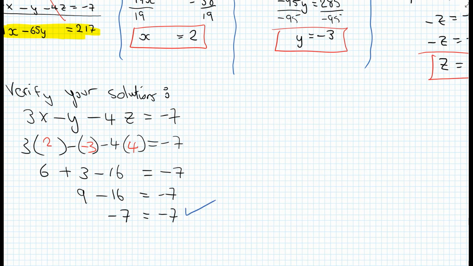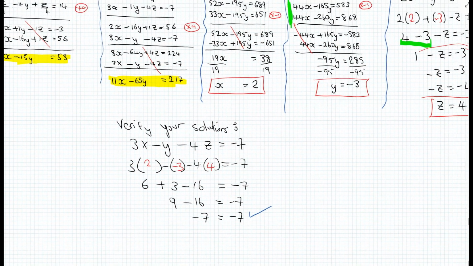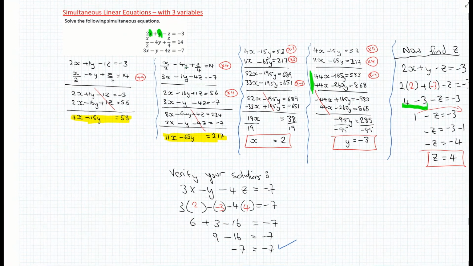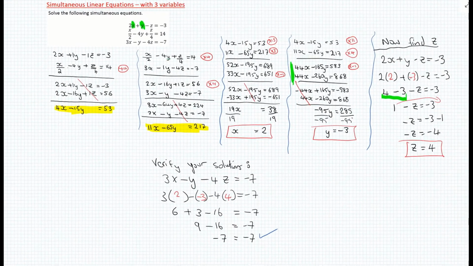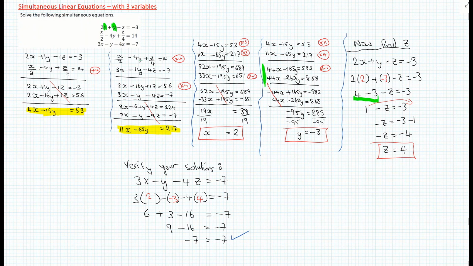You can verify the other two yourself. You should be able to prove that you get equal to -7, 14 and -3 as per the very start of the question. I'm just going to zoom out here unless someone wants to take maybe a photograph of it. They're quite long, but hopefully it helps.